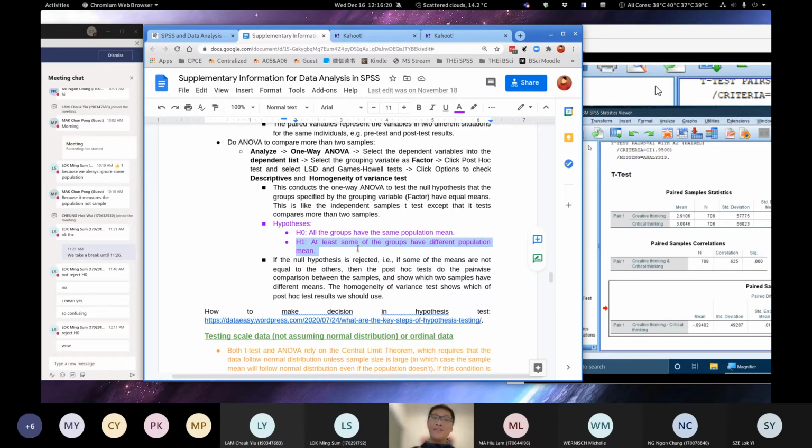So it means that maybe if you have 3 groups, maybe 2 of the groups have the same population mean, but the third one has a different population mean than the others. Okay, this is also okay. So that is the alternative hypothesis.